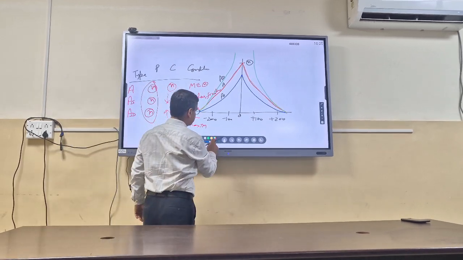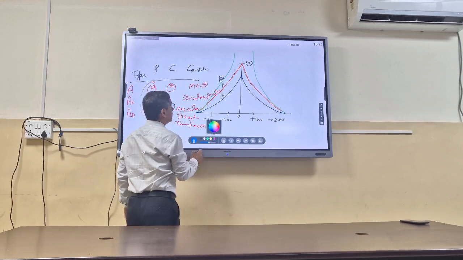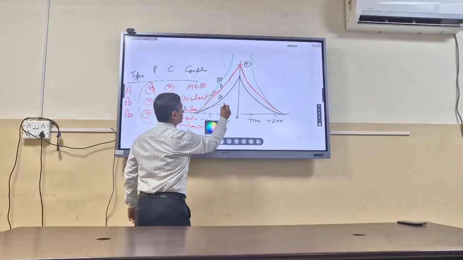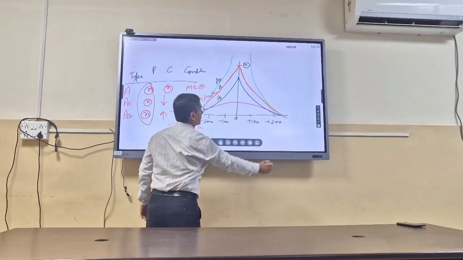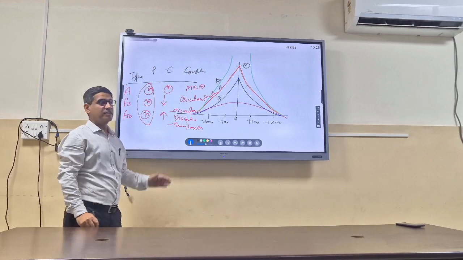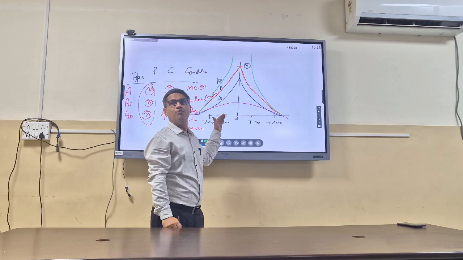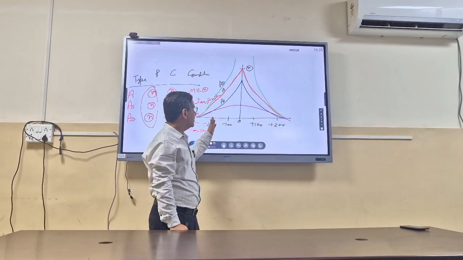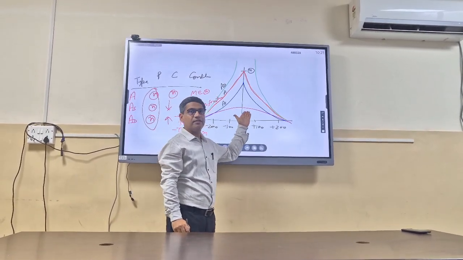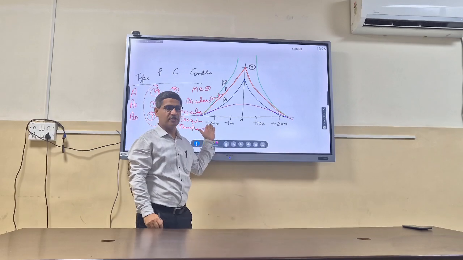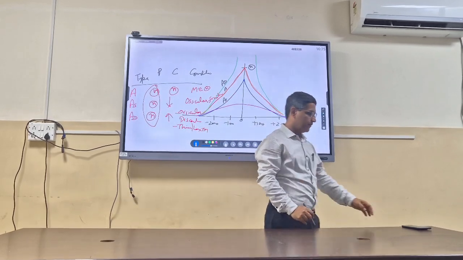Moving further, so you can consider this as a flat curve or a dome shaped curve. Here compliance does not change much with pressure. Okay?